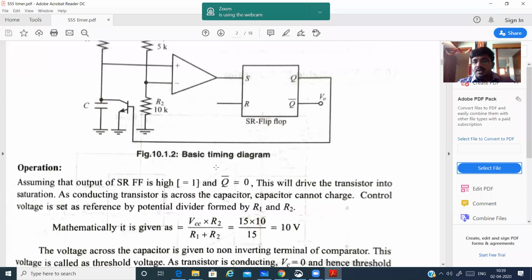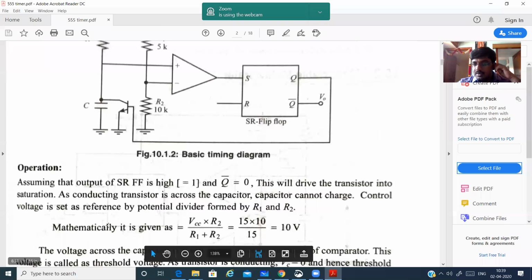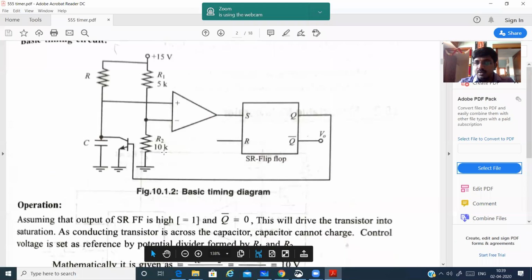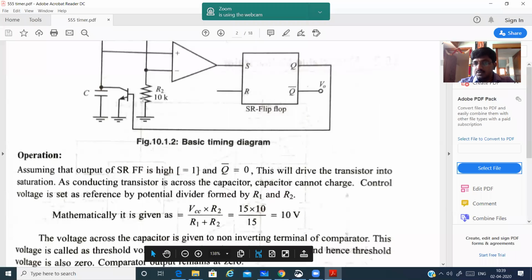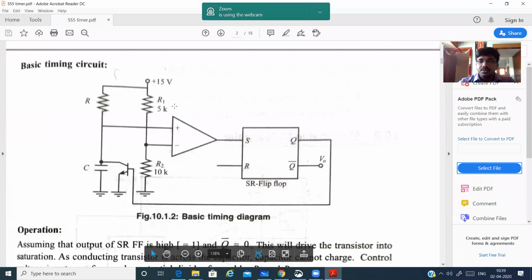In this case, to find mathematically the voltage across R2, see here we have 5K, here we have 10K. How did we find this? By using the voltage divider rule, we can find the voltage across this one: VCC into R2 by R1 plus R2. Now let us see how it works.